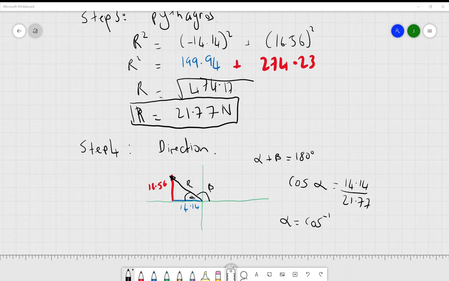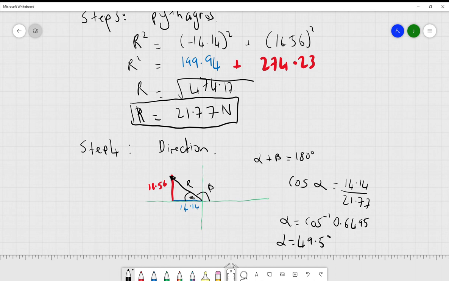It's 14.14 divided by 21.77. So 0.6495. Don't need to be that accurate. So cos to the minus 1 of that equals 49.5 degrees. So alpha equals 49.5 degrees.